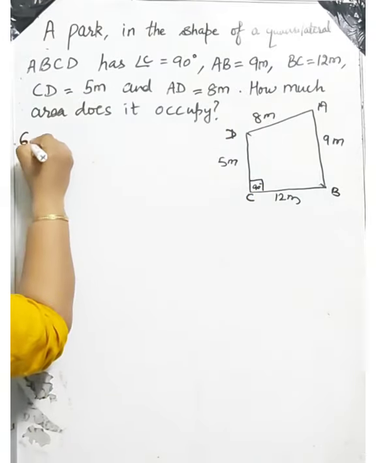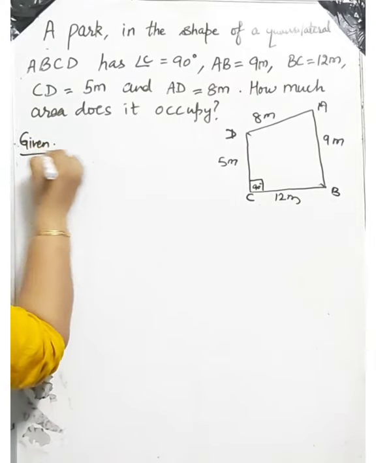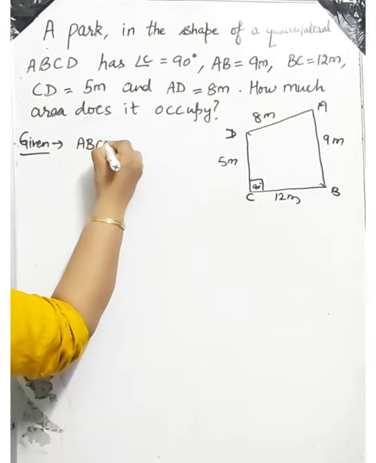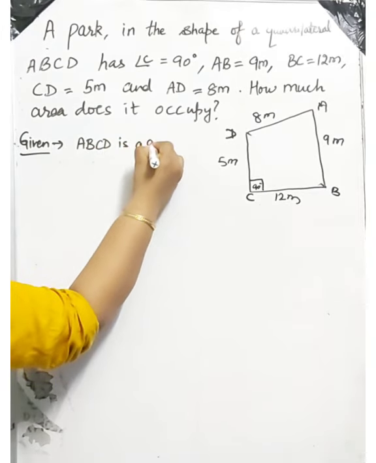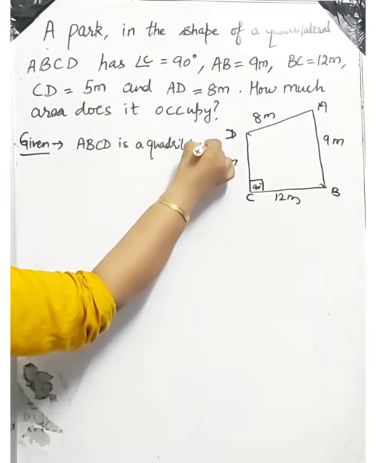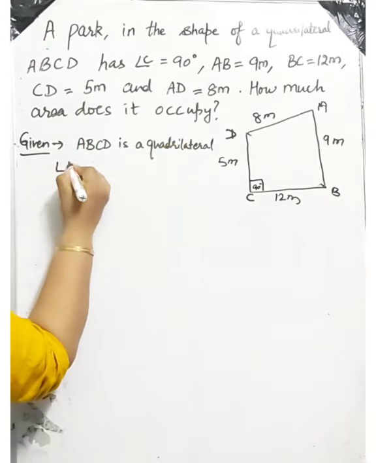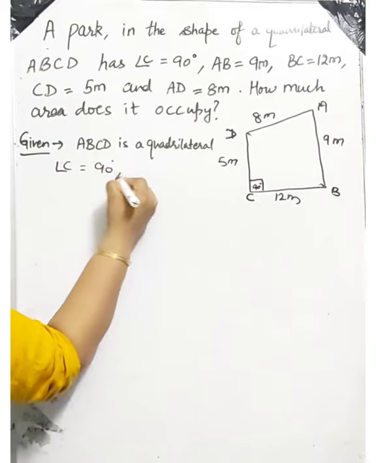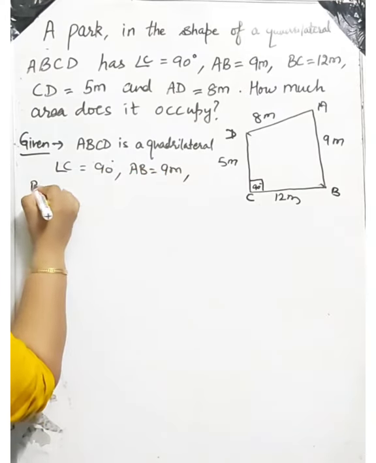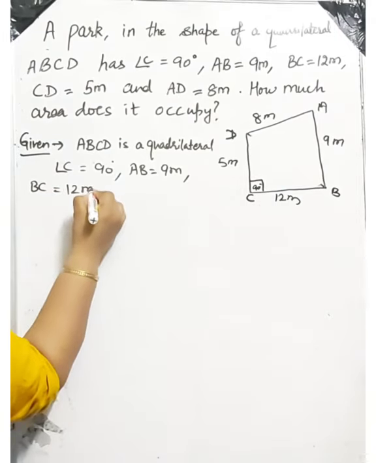Now what is given? Given a park in the shape of a quadrilateral. ABCD is a quadrilateral. Angle C equal to 90 degree given. AB equal to 9 meter. BC equal to 12 meter.